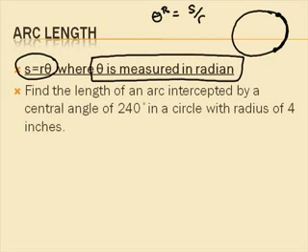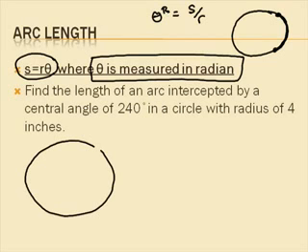Okay, I'm going to work a problem actually 2 ways. I'm going to do it the way you would have learned how to do this in geometry, and then we're going to try using that formula. Okay, so find the length of an arc intercepted by a central angle of 240 degrees. Let's draw a circle. Let's go 240 degrees. So I'm just going to start here, and this would be about 90, right?